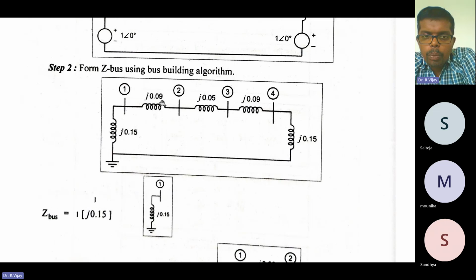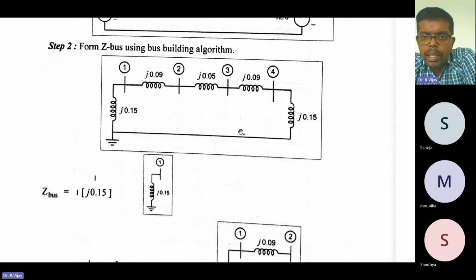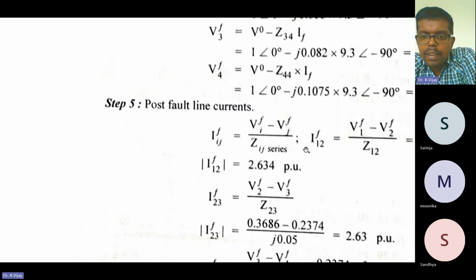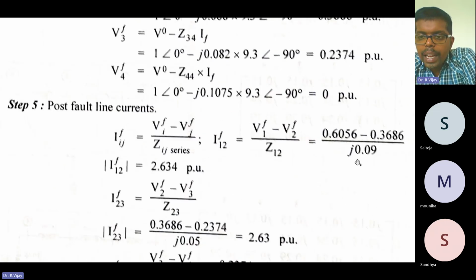Always remember, you need to take that from the Zij series, not from the matrix. So j into 0.09. Further simplification, you will get the answer as 2.634.